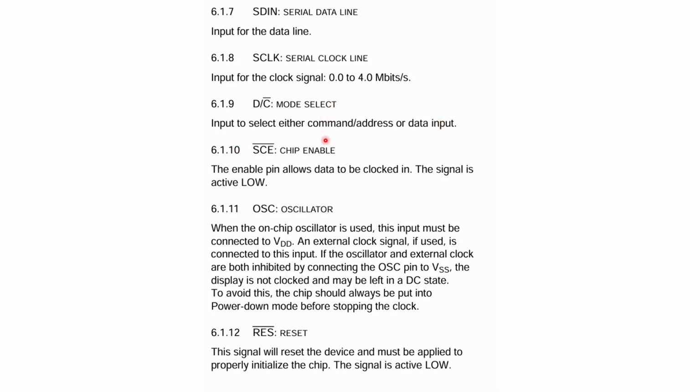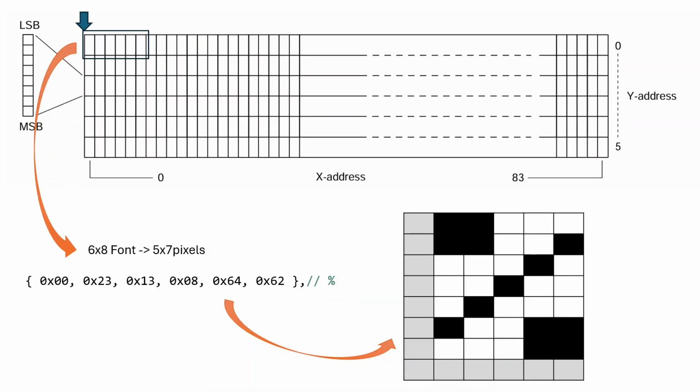You have the chip enable, or chip select, slave select signal, low active, and you have the reset pin, and that's it from the microcontroller perspective.